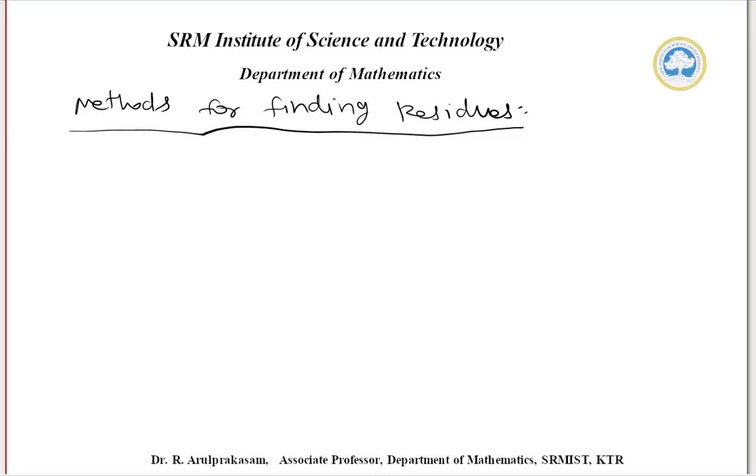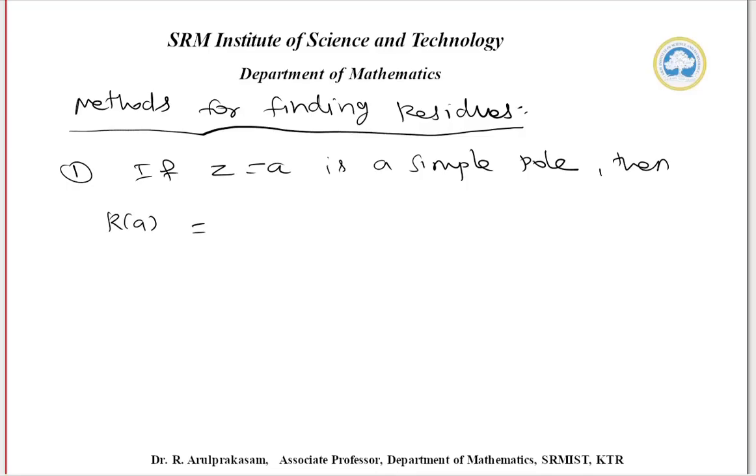First one: if z equal to a is a simple pole, then the residue at the point a is the limit as z tends to a of (z minus a) into f of z. This is the first formula.